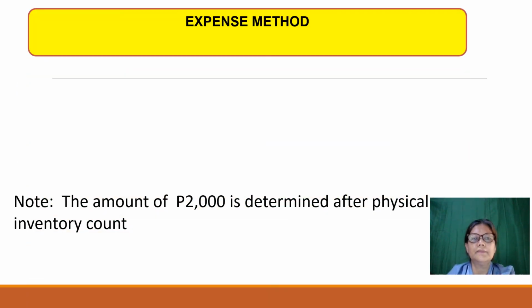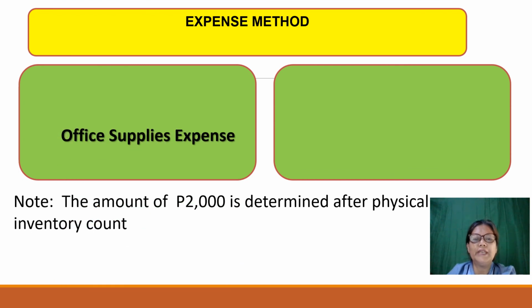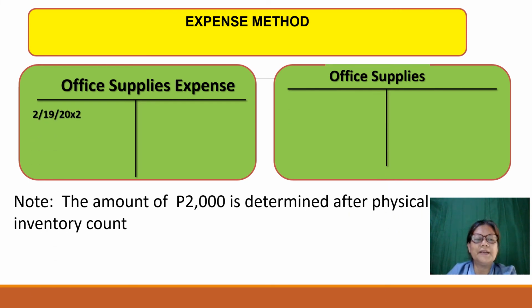Under the expense method, of course, we have to prepare also two T accounts, office supplies expense and office supplies. So please remember that on February 19, 20X2, the balance is 6,000 pesos. It was indicated in the problem that the amount of 2,000 pesos is the ending balance of office supplies.